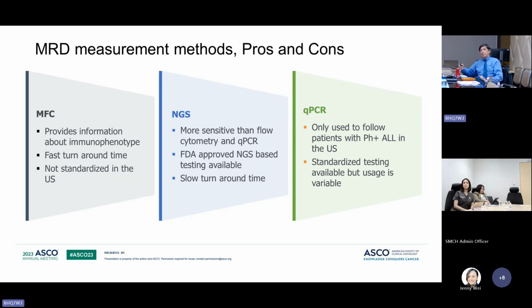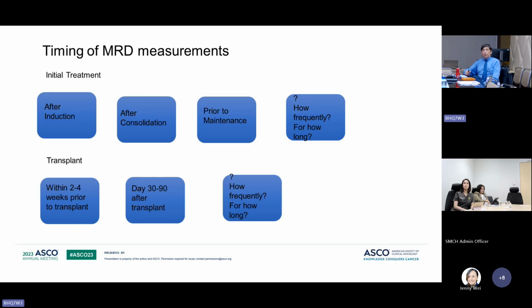And then quantitative PCR is pretty much the principal way we follow Philadelphia positive ALL or Philadelphia positive CML. When do you do them? A lot of times, if you've already treated somebody, you have to have a baseline. So you get your baseline at the time of diagnosis.